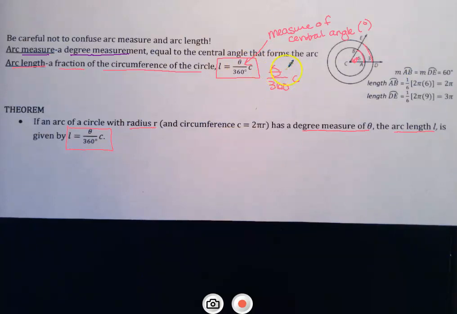So if I take theta, 60 divided by 360 reduces to 1/6. So this is 1/6, 60 divided by 360, times our circumference, 2 times pi times the radius. So the length of the smaller one is 2 times pi. The length of arc DE is 3 times pi because it had a longer radius.